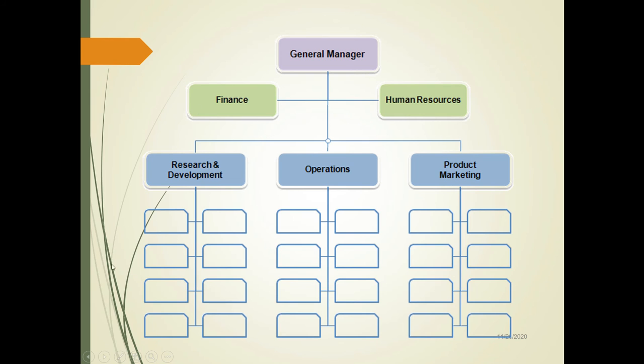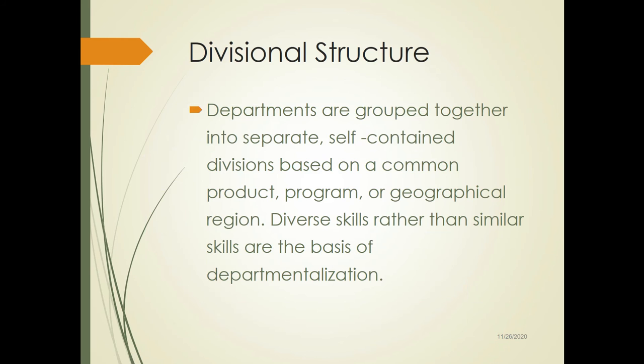There is a department, for example, for research and development, and also a department for operations and for marketing. So they are grouped together based on their specialization or their function. Right.